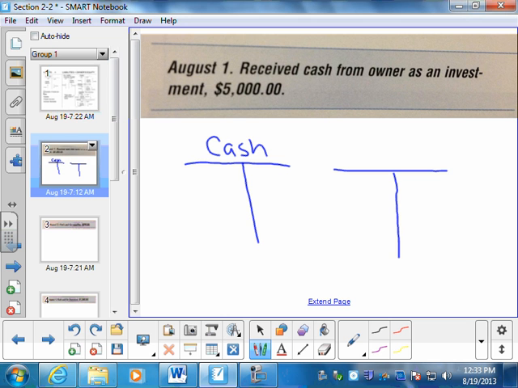So this is Kim Park Capital. Okay, so we know the debits are on the left and the credits are on the right, but what we want to do is we want to say what happened to our cash. Our cash went up and the capital went up.